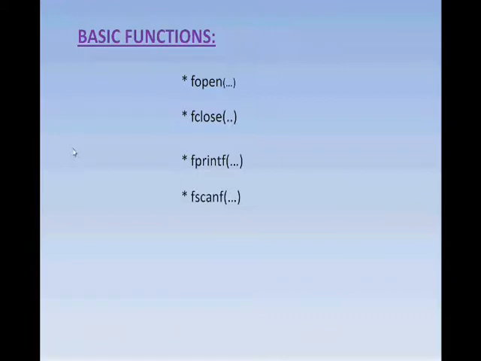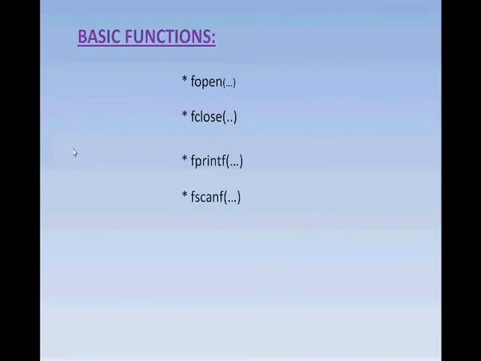The thing is, fprintf and fscanf are both used to access text files, that means files which are opened in text mode. We can do text operations, writing and reading, using fprintf and fscanf, but we cannot do binary operations over the file.